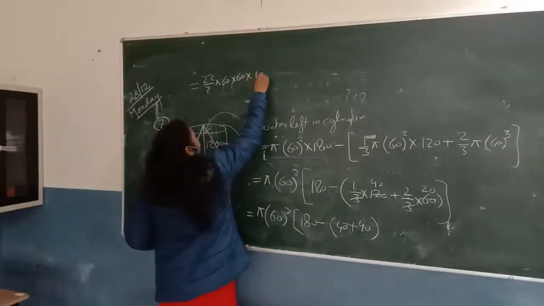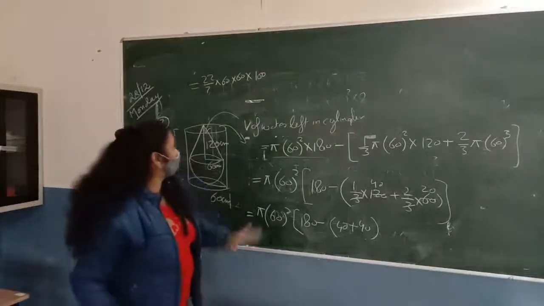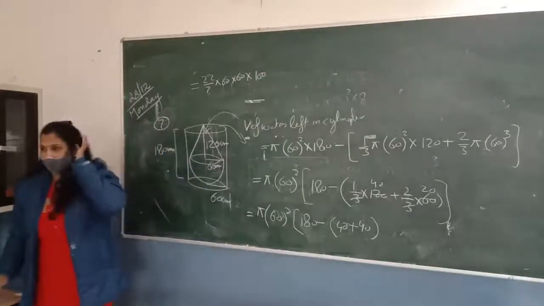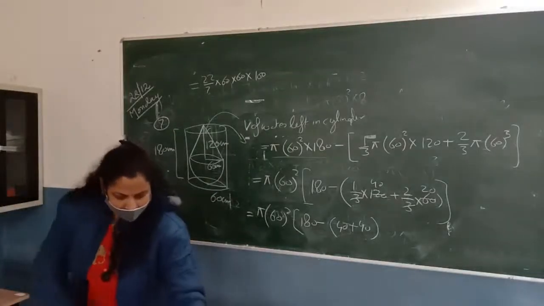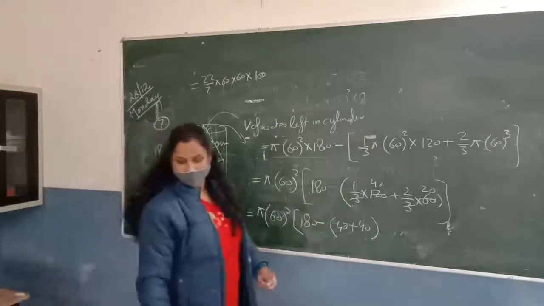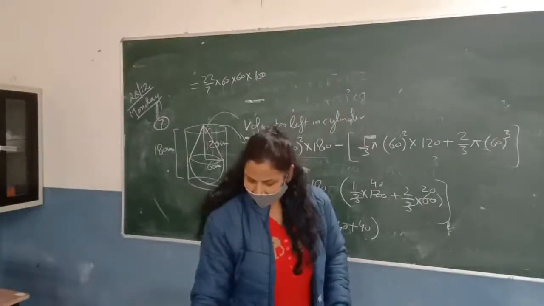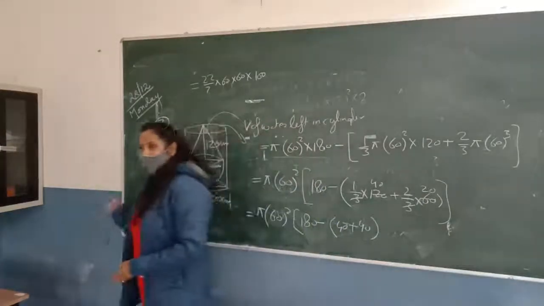So now you can calculate it. The value of pi is not given in the question, so we have to write 22/7. Now please calculate this one and tell me the answer. This is question number 7. This is the important question of NCERT. The same example is in the book, this is example 7, same like question number 7.